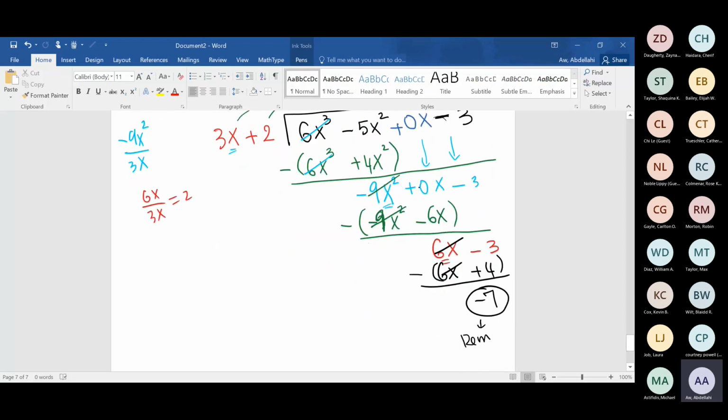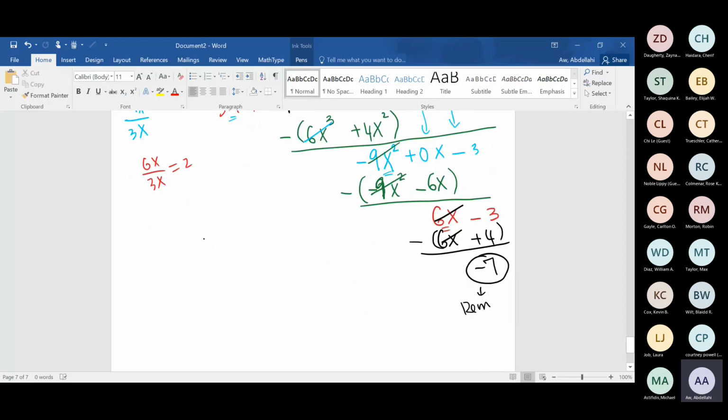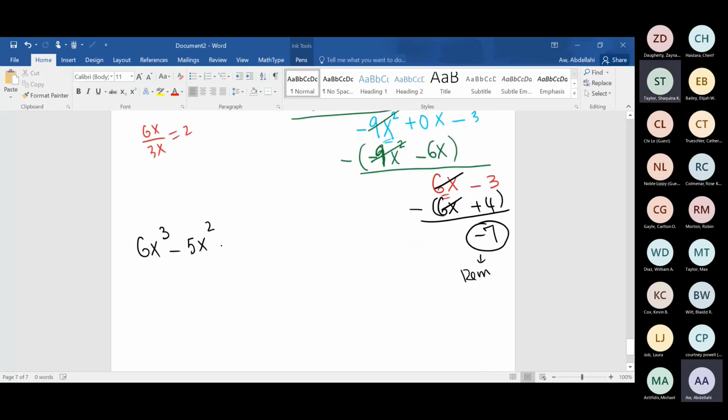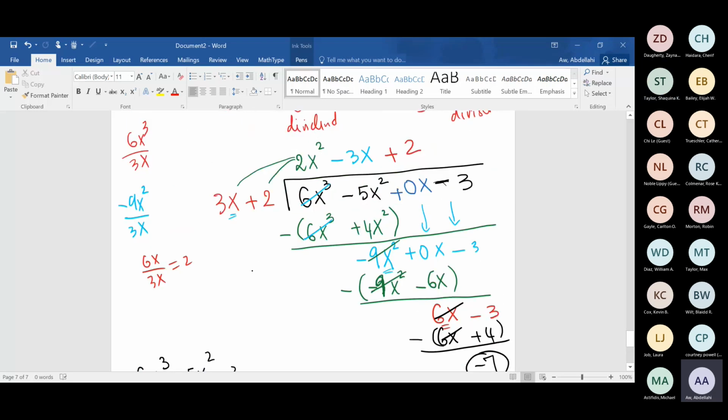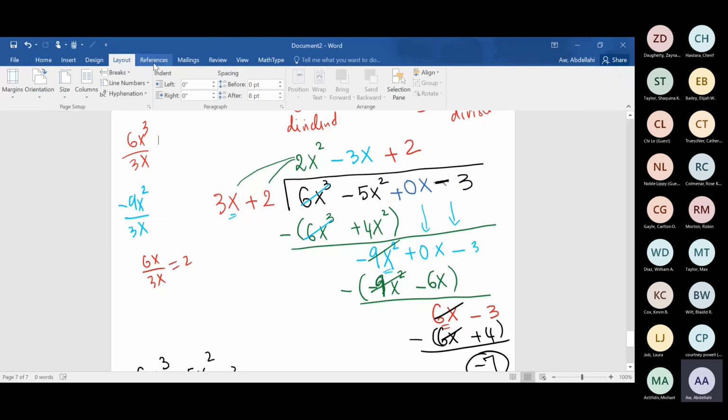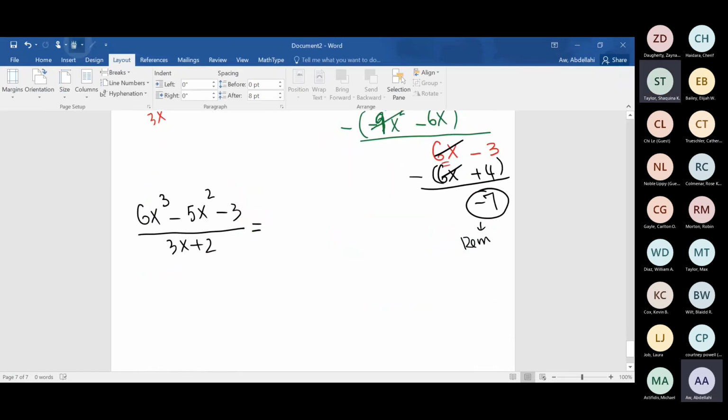You see? So how do I summarize my division? I say 6x cubed minus 5x squared plus 0x minus 3 over 3x plus 2 is equal to the quotient, which is 2x squared minus 3x plus 2, plus the remainder over 3x plus 2.